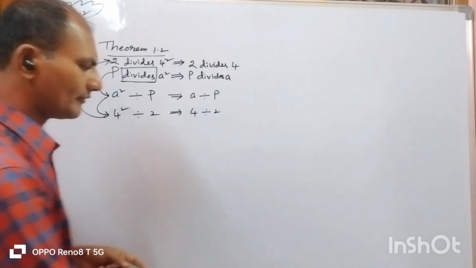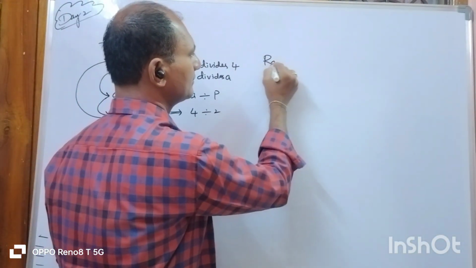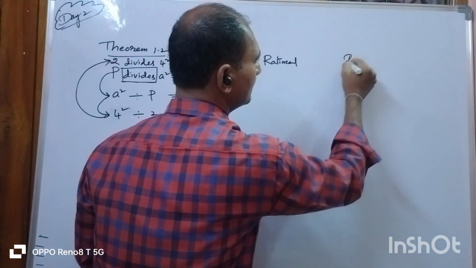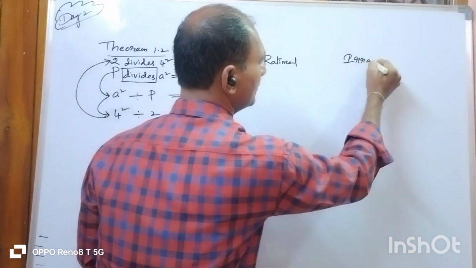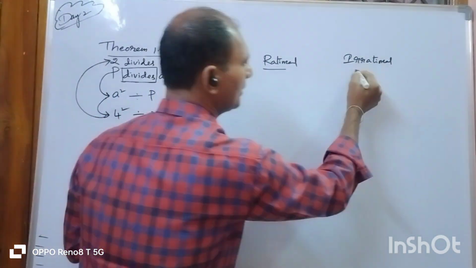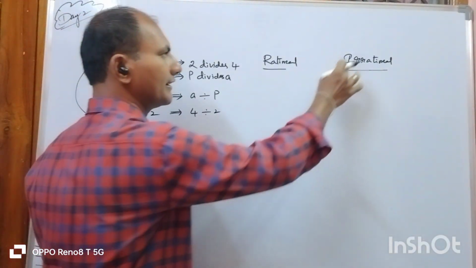Next, rational and irrational. Listen carefully. We already discussed yesterday what is rational and what is irrational.